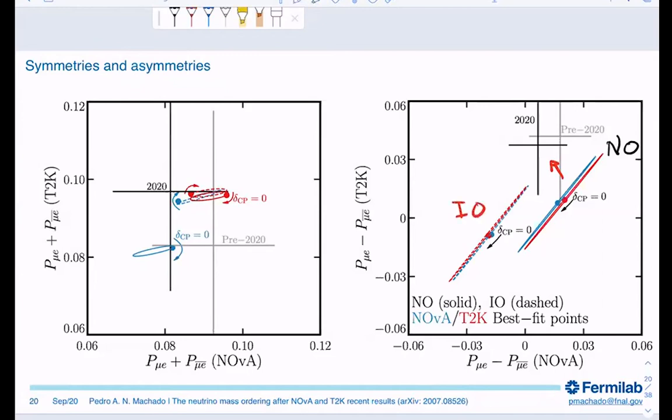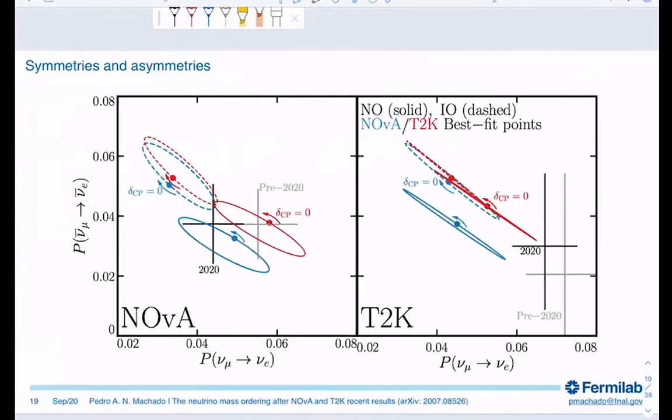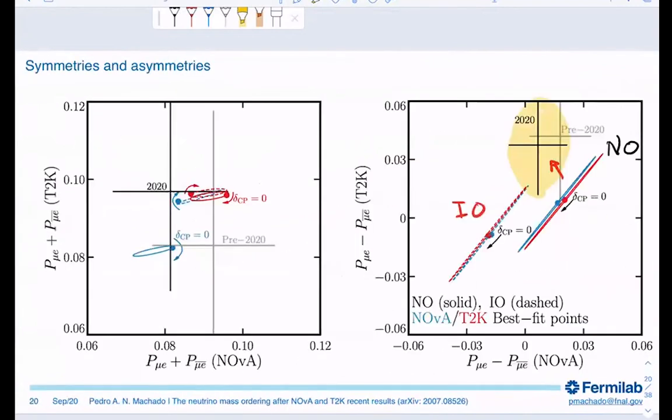And you see here, well, if I could draw, but I'm not sure, oh man, this is a terrible drawing. But you see that the data kind of overlaps with the inverted ordering, right? So that shows you why inverted ordering became preferred. If you want to see the bi-probability plots for each of these experiments, I have them here, but I'll just keep that if there are any questions.